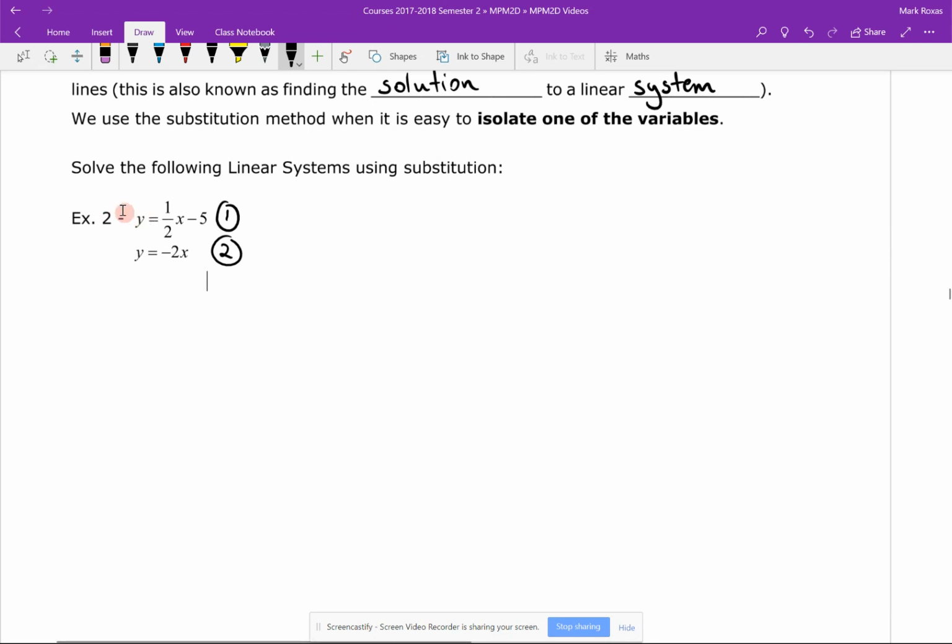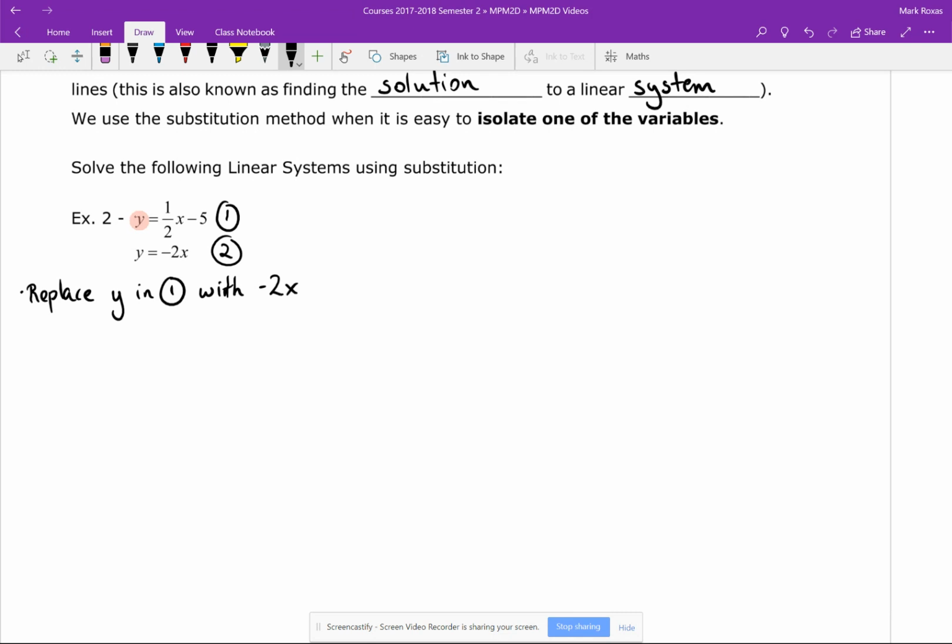The y in the first equation, I can substitute with the y in the second equation. And the y in the second equation is negative 2x. So I can take the negative 2x and put it in here for y. So let's write that down. We are going to replace y in equation number 1 with the y in equation number 2, which is negative 2x.